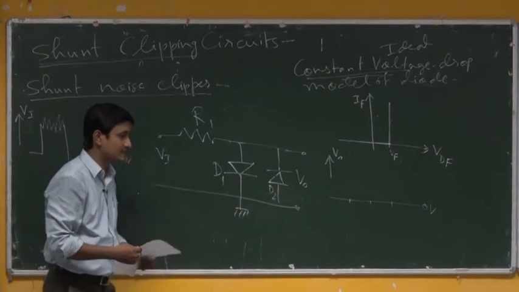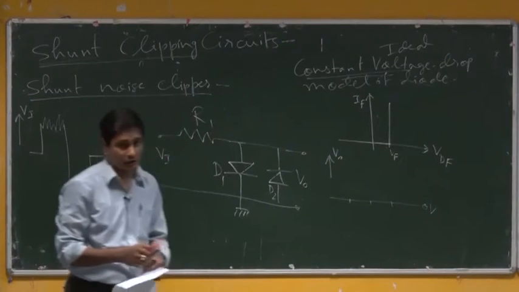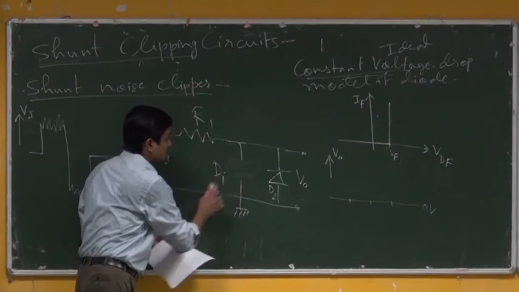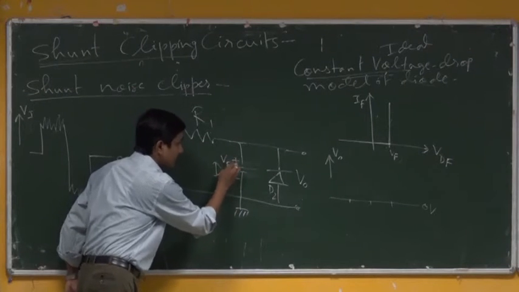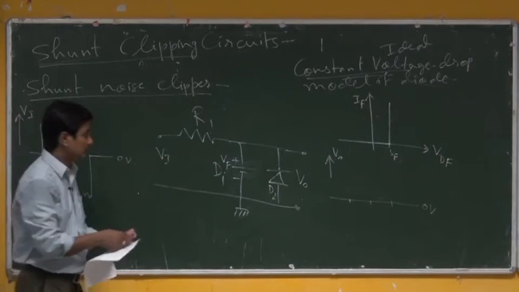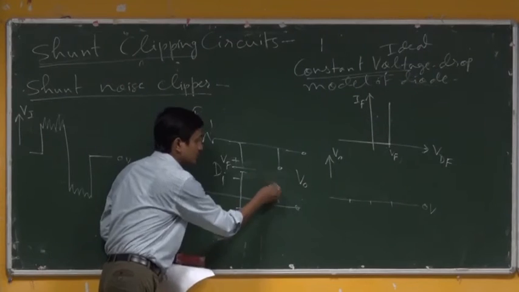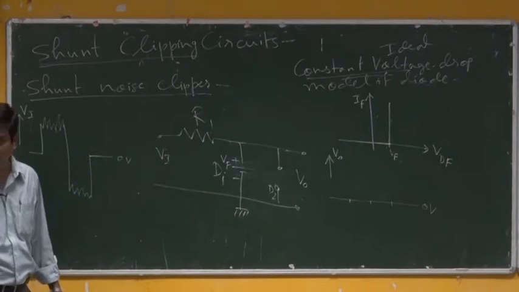If one conducts there, then Vf voltage we will get across it. So, for the positive side, if this diode is conducting, I will be getting plus Vf here. What about the other? Nothing is there, so it is just open. So, tell me the output voltage. Obviously, it is plus Vf.